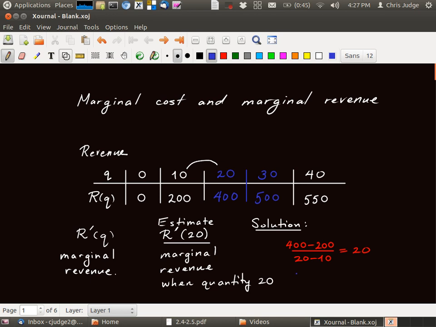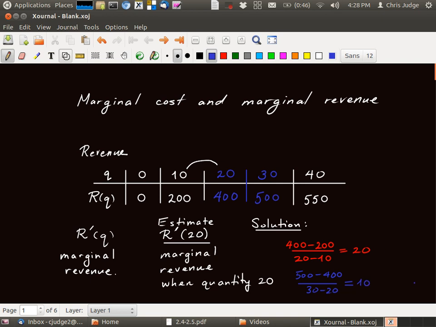So now I look at that interval and compute the average rate of change. That's going to be 500 minus 400, the change in R, divided by the change in Q, which is again 30 minus 20, which is 10. In this case, 500 minus 400 is 100, divided by 10 is only going to give me 10.